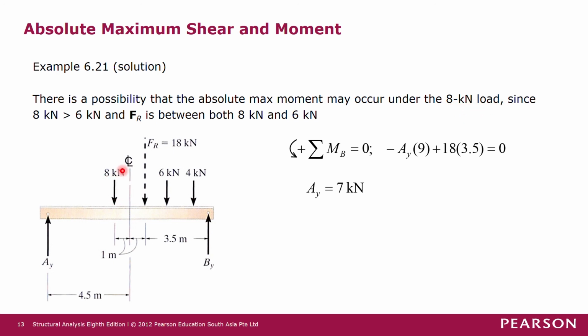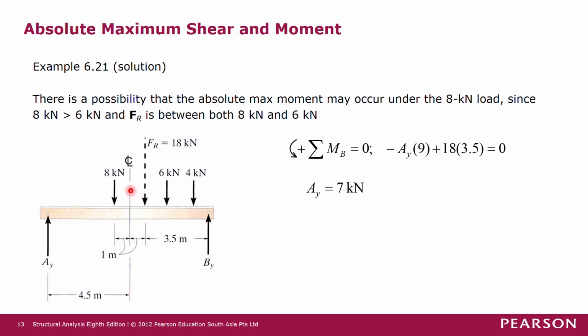So we assume that the maximum moment is under this 8 kilonewton load. Then we have to put the arrangement of forces in such a way that the 8 kilonewton load and the resultant force have equal distance to the center line of the beam. Just now the distance between this 8 kilonewton load and this resultant force is 2 meters.